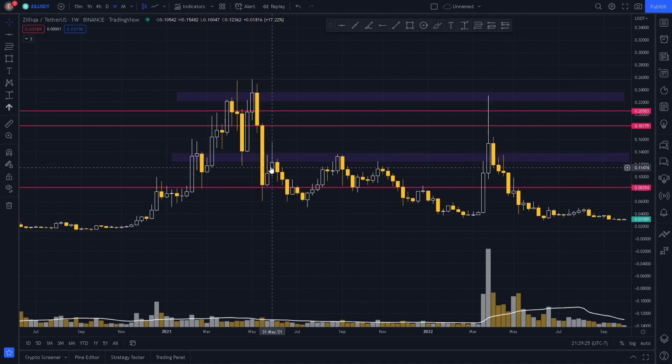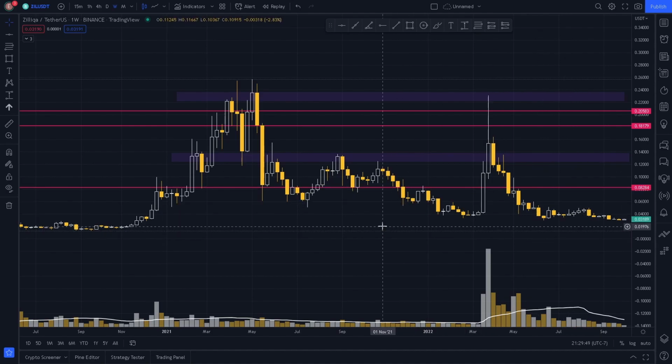Broke through, came back, got rejected again, and rejected again. And most recently, we had a fake out where price blew up with a very long wick, but bullish momentum took over, sending price back down.